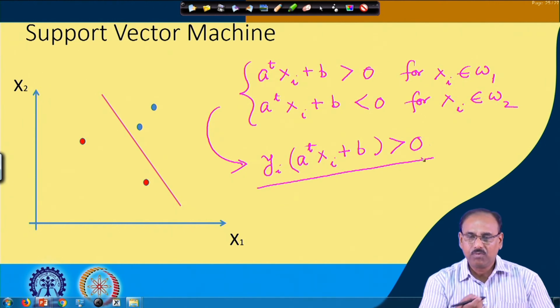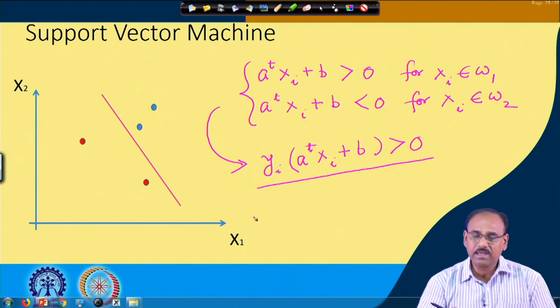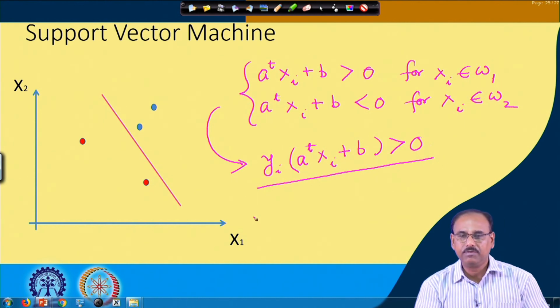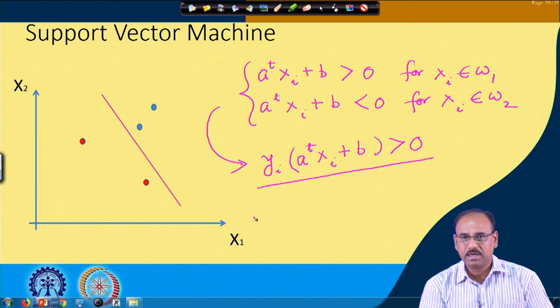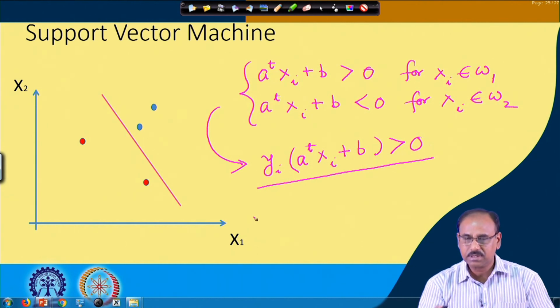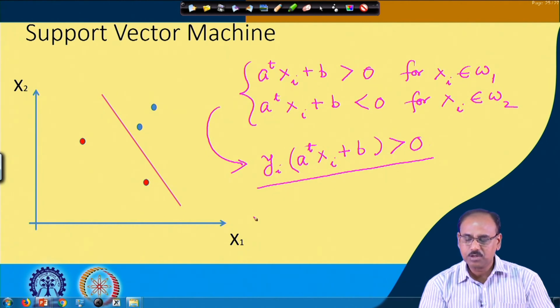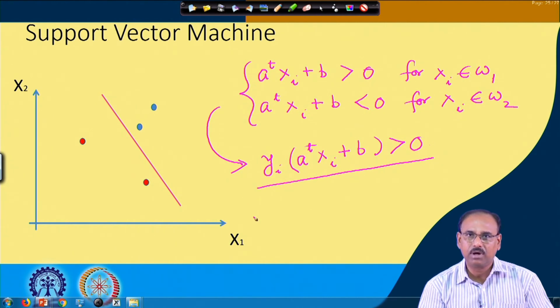And if you compare this with what we discussed previously, that we negated all x taken from class omega 2 and had a unified classification rule of A transpose x greater than 0 for correct classification, it is exactly the same as this. It is just another way of representation, that you multiply by y_i, where y_i is plus 1 if x_i is taken from class omega 1 and y_i is minus 1 if x_i is taken from class omega 2.